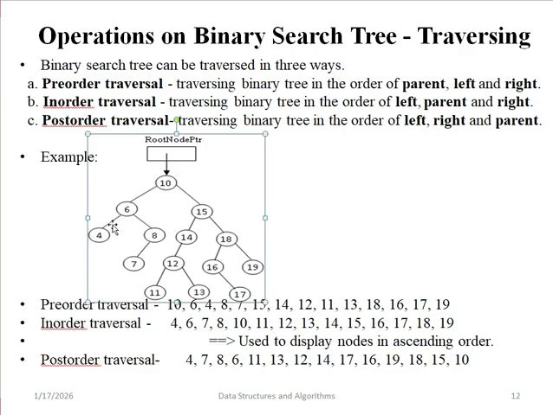Then after 4 we take the right of 6, because we moved from 6 to the left, that is to 4, which we displayed. We finished the left wing of 6, so now we can take the right wing of 6.